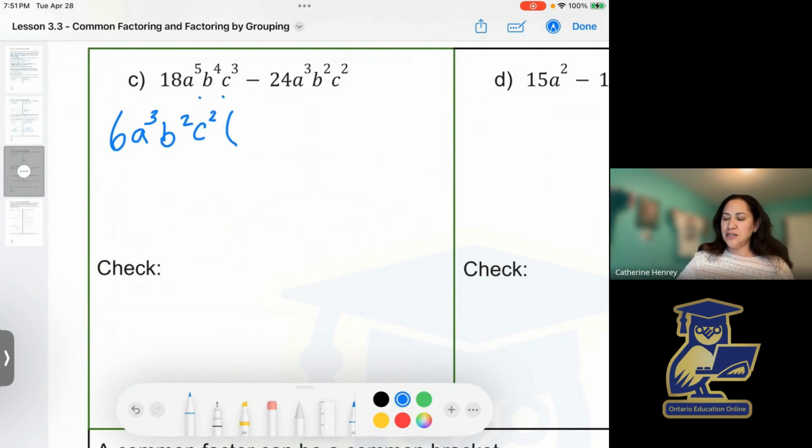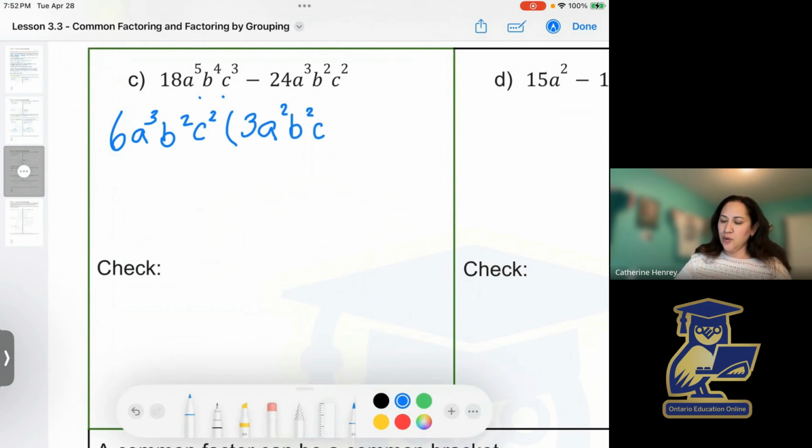All right, so 18a^5b^4c^3 divided by 6a^3b^2c^2 is going to leave me with 3a squared b squared c.